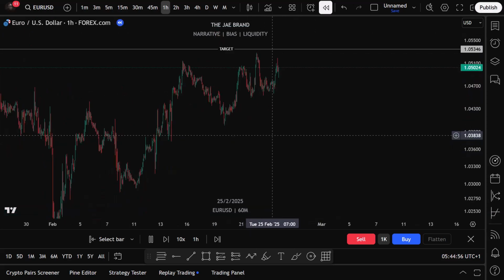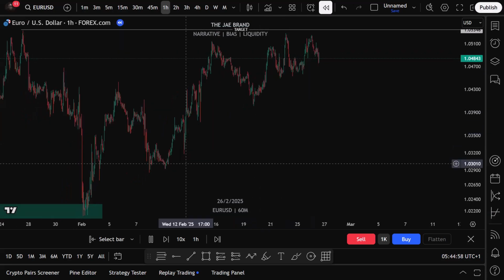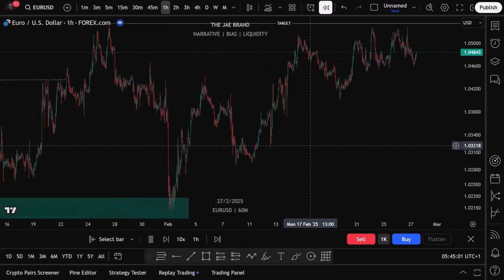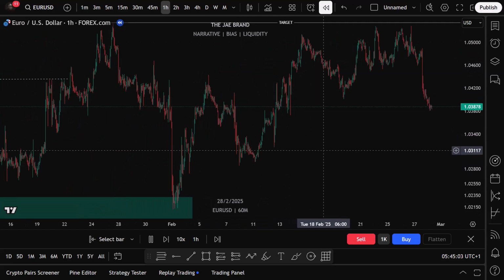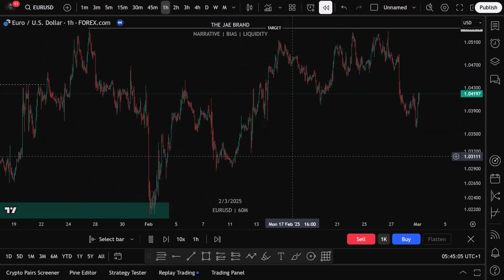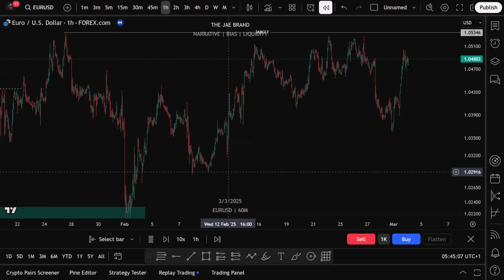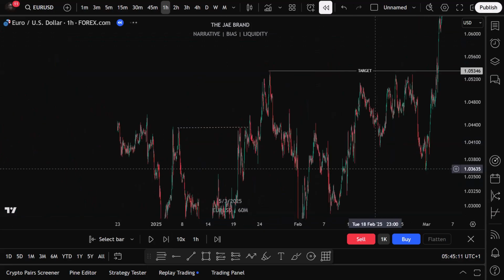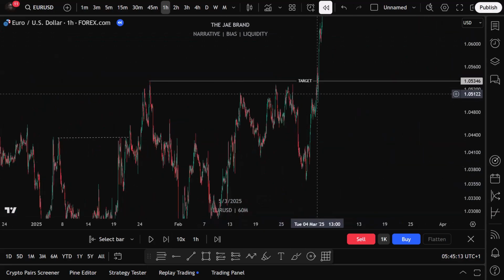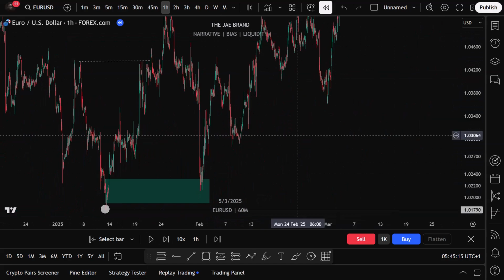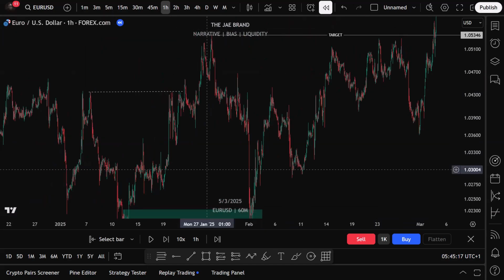You are not interested in those internal structures because they are simply used as liquidity to fuel the move of price to break. Yes, there we go. We see that price has broken this next target. So what happened here?